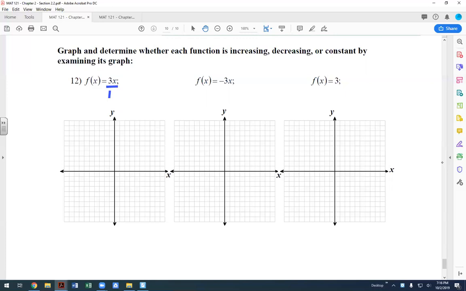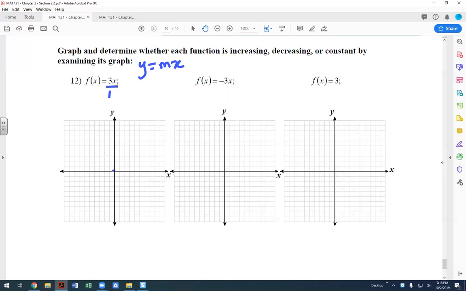Yeah, so think of that in the y equals mx plus b form, right? Equation of a line, which instead of being mx plus b, these equations are given to you in the form of y equals mx. So there's no plus or minus here, which means our y-intercept is going to be at the origin at 0, 0.